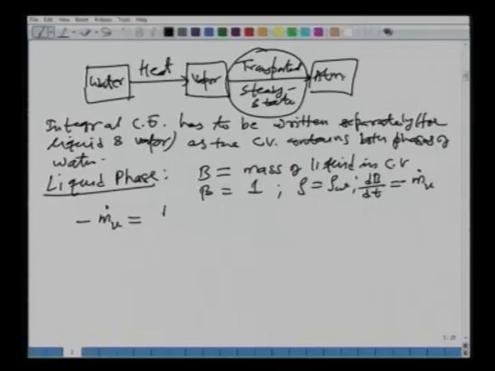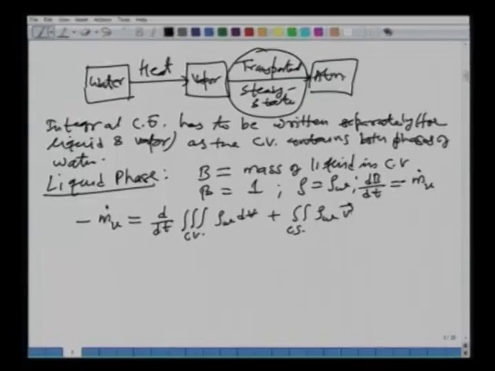First one is the time rate of change of extensive property stored within the control volume, that is number 1. Other one is the net outflux of the extensive property flowing across the control surface. Okay. So, if you write the first one, you have d over dt of the integral over the control volume of beta rho dV, where beta is 1 and rho is rho w, plus the integral over the control surface of beta rho v dot dA, where beta is 1.